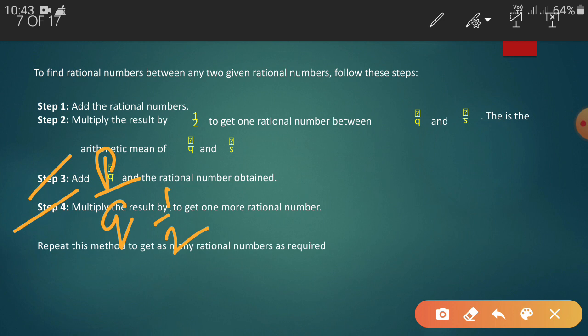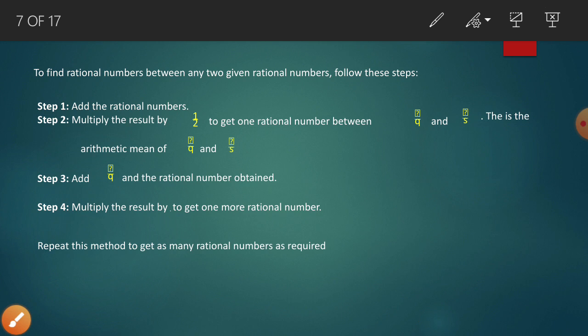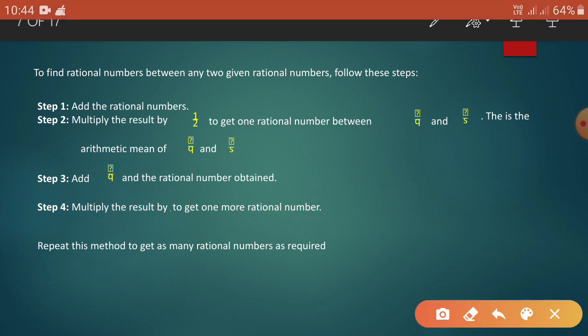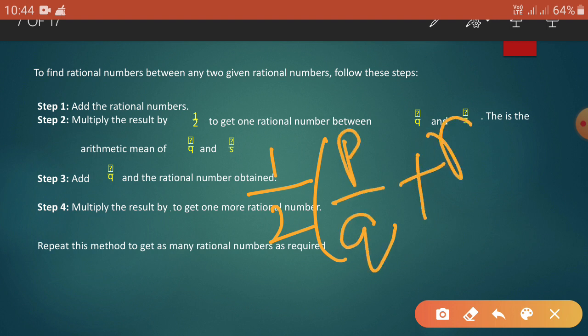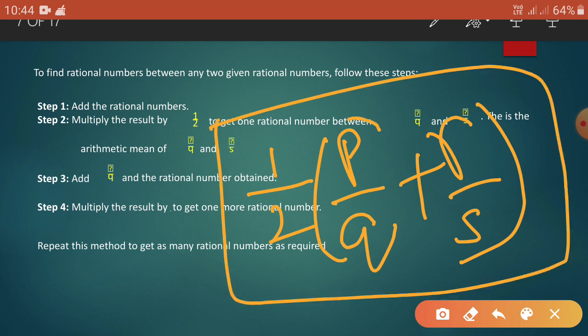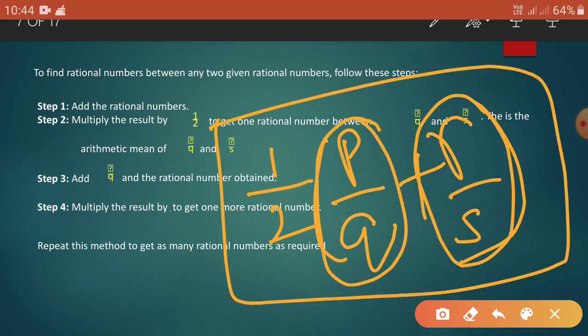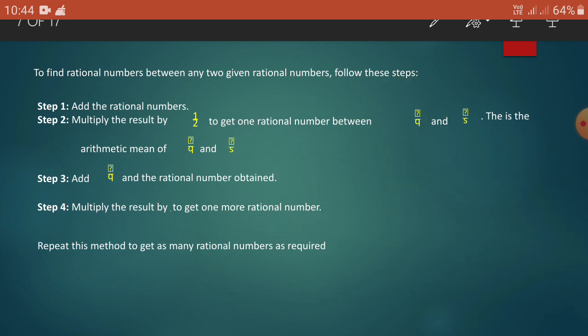So repeat this method to get as many rational numbers as required. The main formula to find a rational number between two rational numbers is 1 by 2 times p by q plus r by s, if p by q is less than r by s. Got it? Go to the next slide.